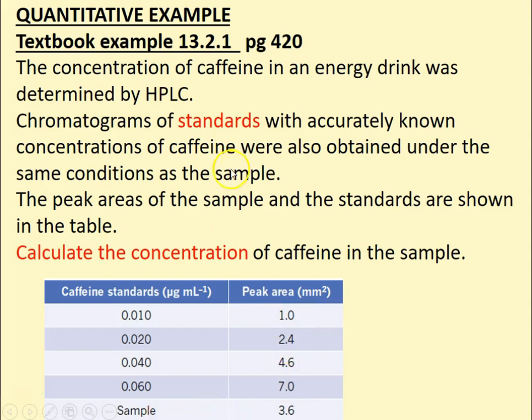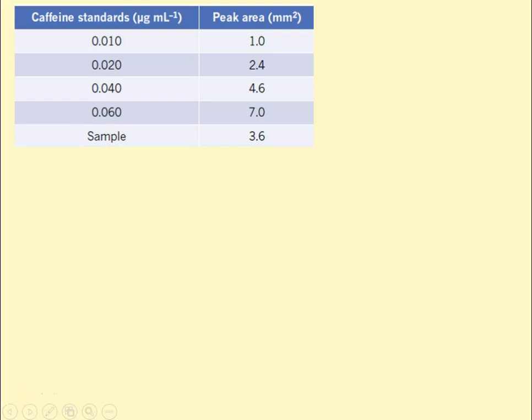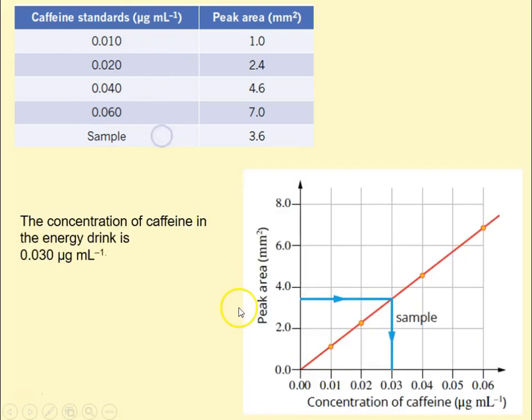And then you put your energy drink in, your sample, and you measure the peak area and you see it's 3.6. So we need to plot a graph with our standards of known concentration. So x-axis is the concentration. So you put your 0.01 on and you have a 1.